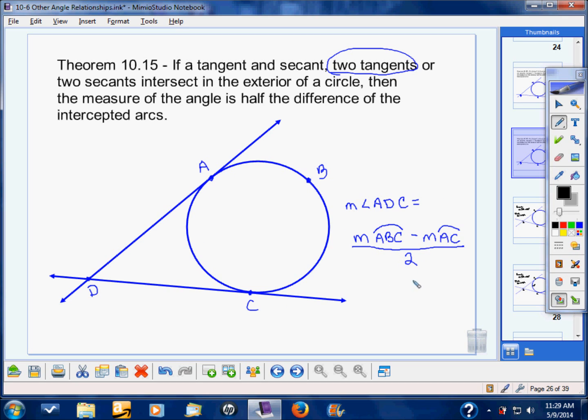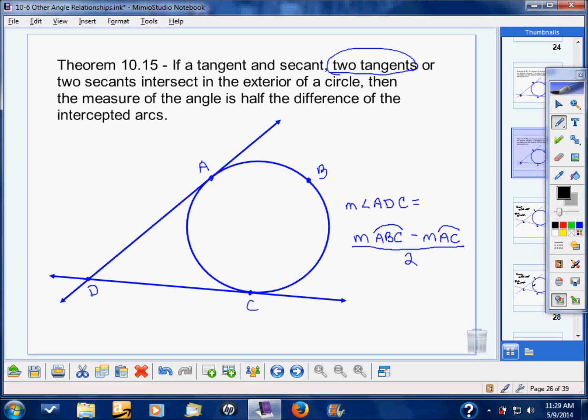So you subtract and divide by 2. Anytime you have the intersection outside the circle, you're going to think the angle is subtract and divide by 2. If it's inside the circle, you think add, divide by 2. Okay? So the outside ones are subtract and divide by 2.